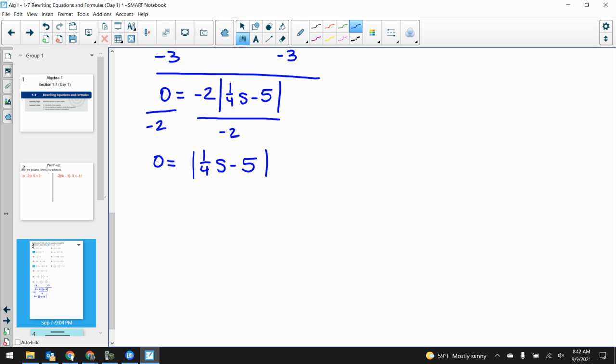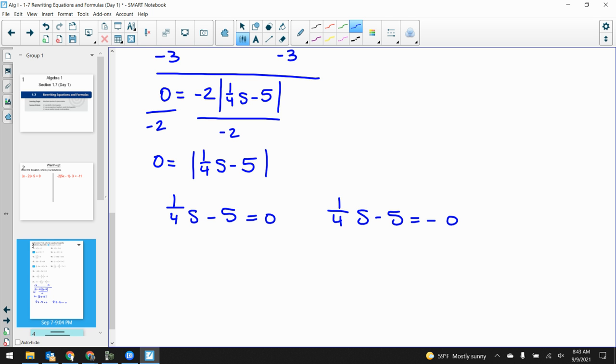Now, I get this weird case, we never had this case yesterday, where the absolute value is equal to a 0. Is 0 positive or negative? Neither, right? 0 is neither positive nor negative. So if I tried to say this equals -0, would that make sense?